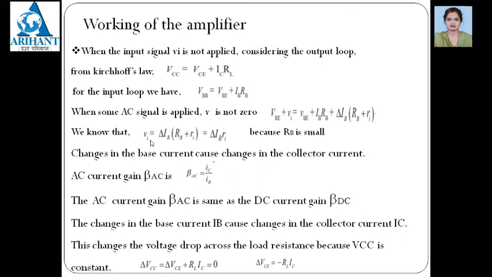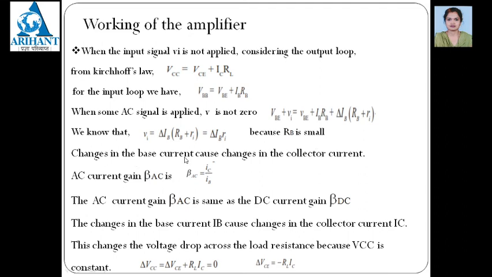But we know that Vi is equal to delta IB into RB plus Ri, which is nothing but delta IB into Ri, because RB is very small and we can neglect it. The VBE terms cancel, so the remaining equation is Vi equal to delta IB into RB plus Ri, and RB can be neglected because it is very small.